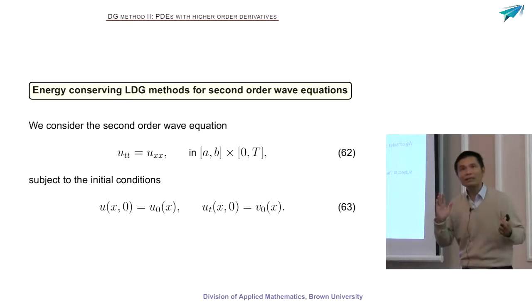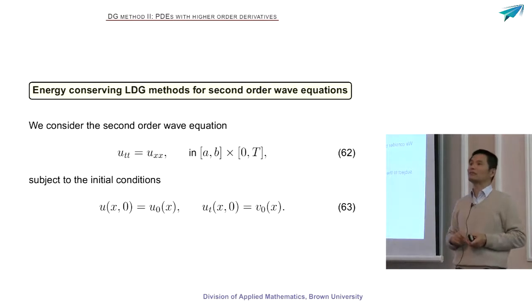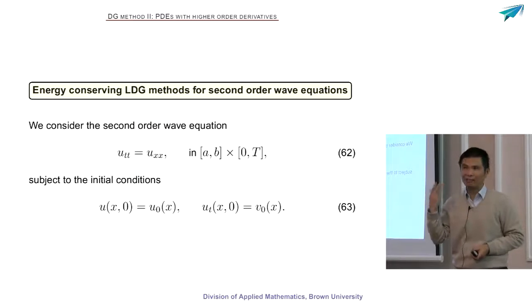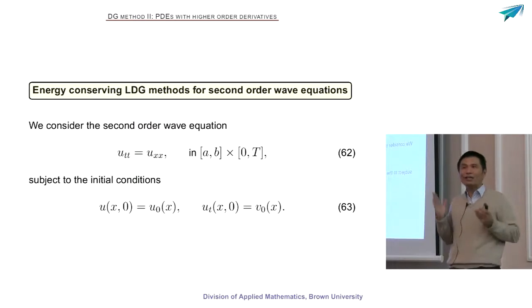You can also get an energy conserved scheme by choosing the central flux, left plus right divided by 2. However, that is not a good choice. If you do that, your accuracy is degenerated. You no longer get the optimal h to the k plus 1 order accuracy. So you cannot get both.